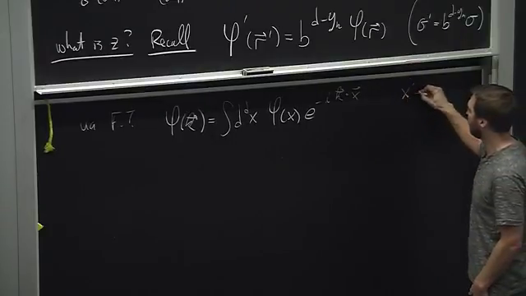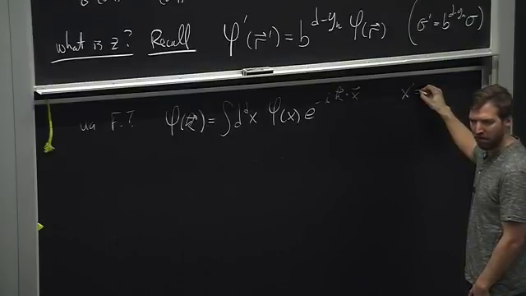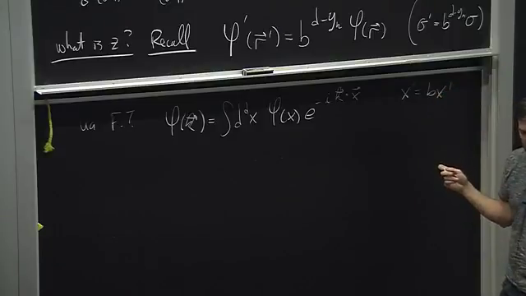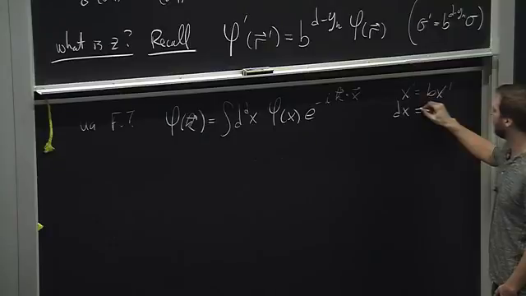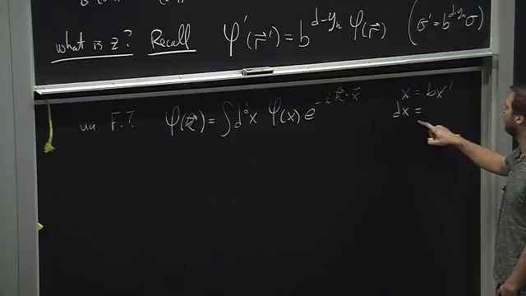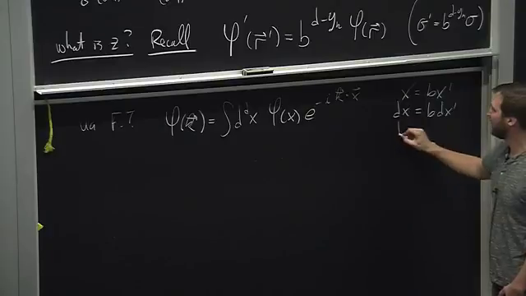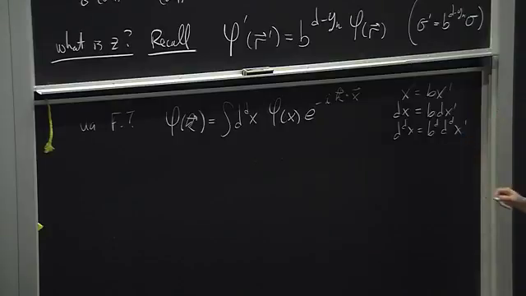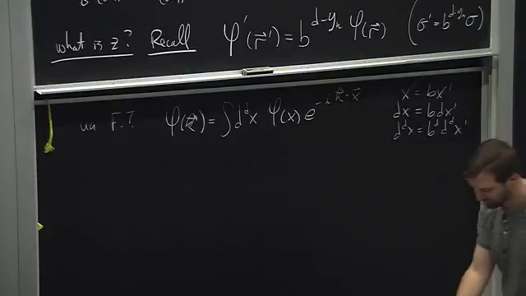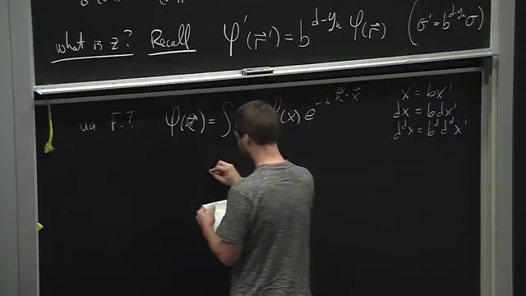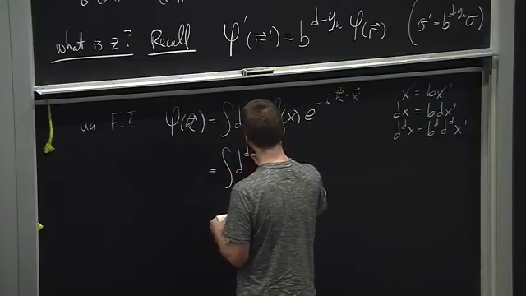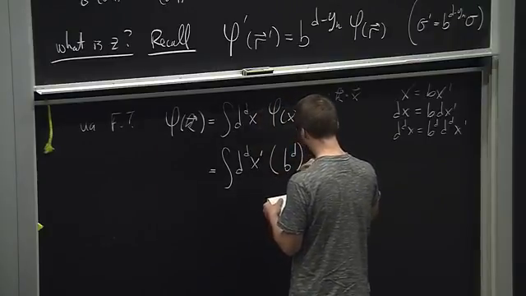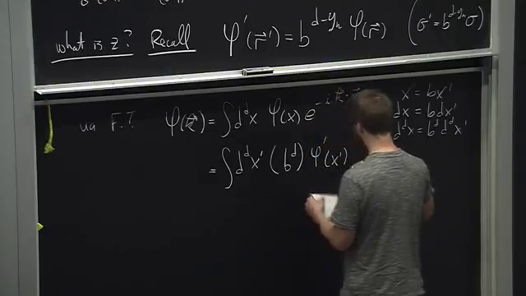And then x is what? B times x prime, right? What else do I need? Oh yeah, so then this is what I'm doing here. dx is b dx prime, and d to the dx is b to the d dx prime. So this thing, e dx, rescaled at the cost of b to the d, phi prime, x prime.